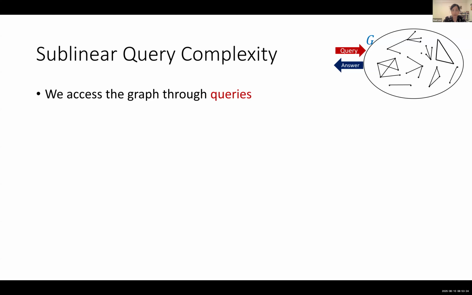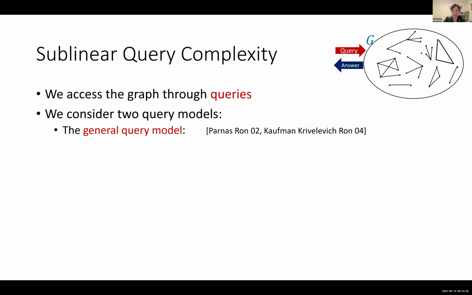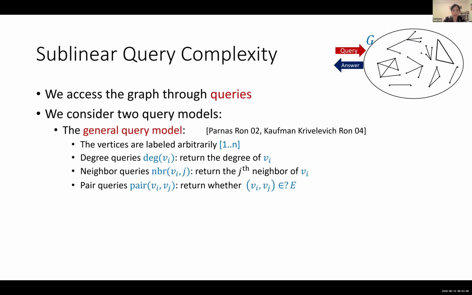The regime that we are interested in is the sublinear query complexity regime, where we access the graph through queries, and our motivation is to obtain a query complexity which is sublinear. We consider two query models. The first model is the general query model, in which we are allowed to make three types of queries.